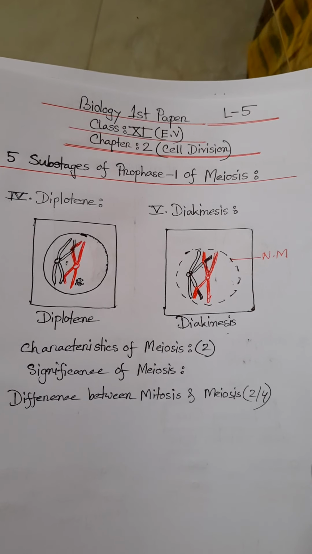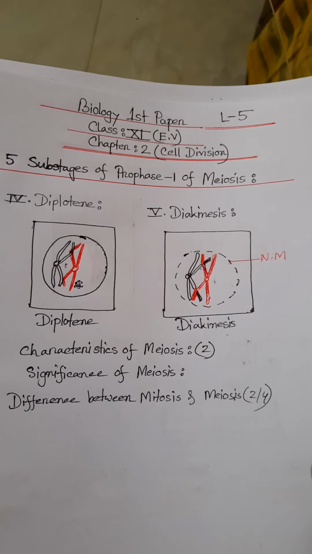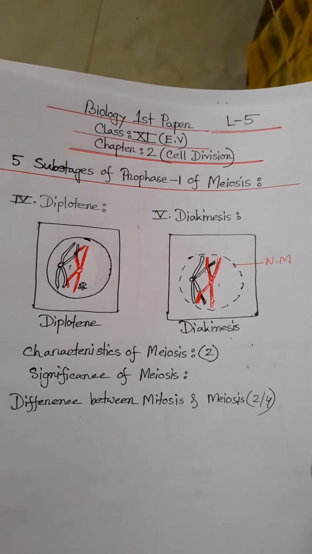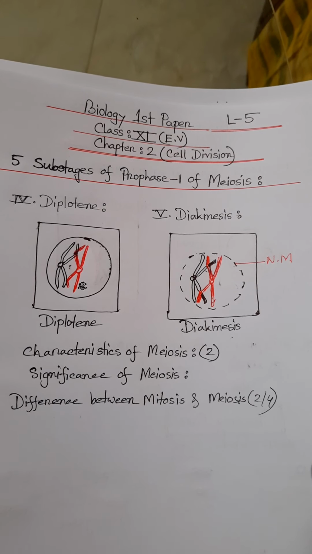In mitosis cell division, mitosis occurs in somatic cells and meiosis occurs in gametic cells. In mitosis one cell produces 2, and in meiosis division one cell produces 4.